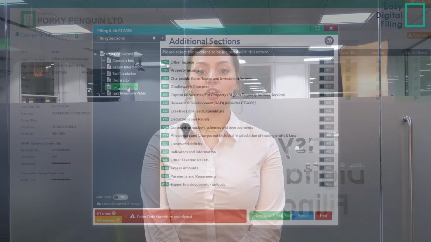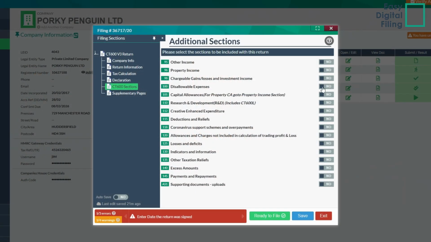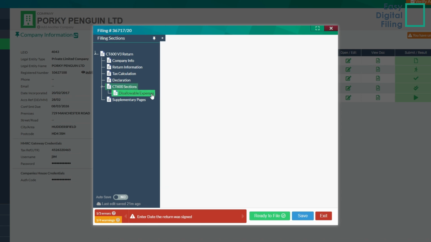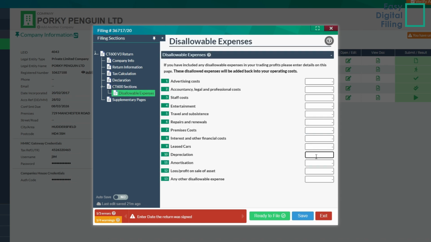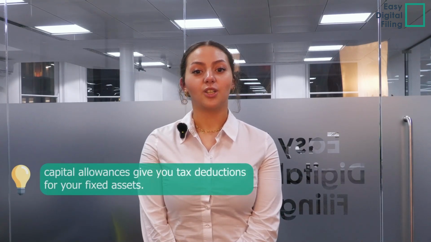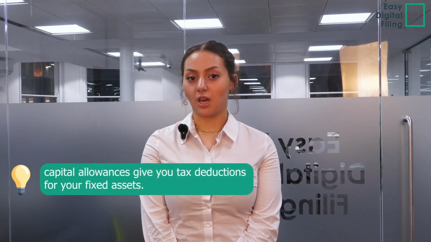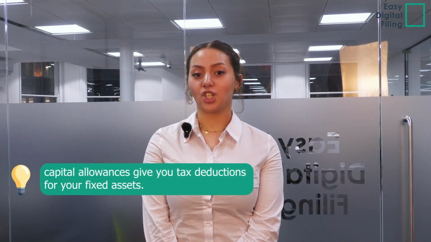Go to CT600 sections, switch on box 100 and enter the £400 depreciation charge in box 100, HMRC. Don't worry, you can claim capital allowances instead, which give you tax deductions for your fixed assets.